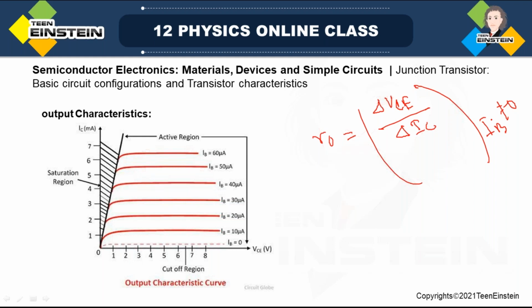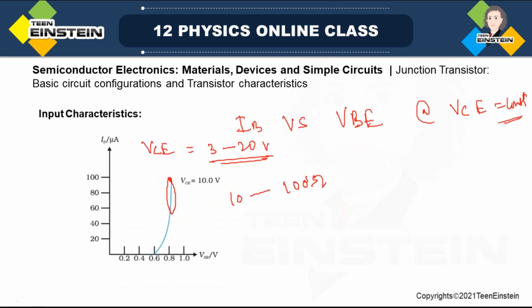I think I had just given you wrong information over here. So here it will be 100 to 1000 ohm in case of input resistance. Ri ranges from some hundreds of ohms to some thousands of ohms.